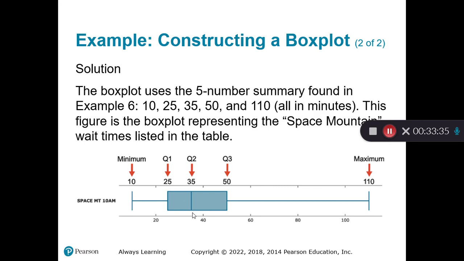In terms of spread or variation, that's what this box pretty much tells us. It tells us that from that center, most of those data values, the middle 50%, extend between 25 and 50. So this gives us a measure of variation. The wider these boxes are, the more spread there is. The narrower these boxes are, the less variation there is.